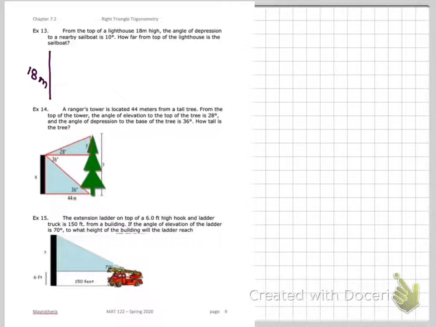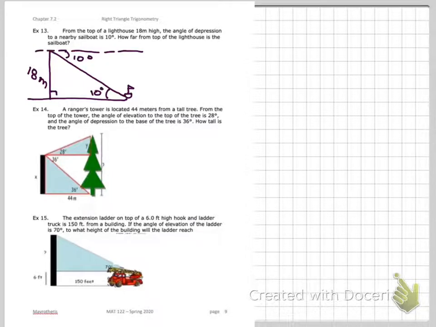The angle of depression to a nearby sailboat is 10 degrees. So here's my sailboat. The angle of depression, again, is always made with horizontal. So this is my 10 degrees. It's a little more useful if I write it down here and make this angle 10 degrees.